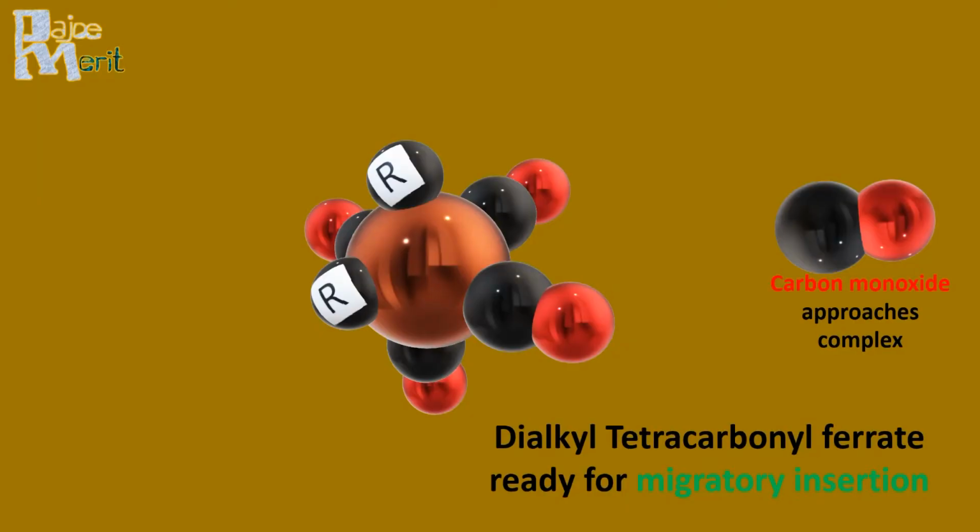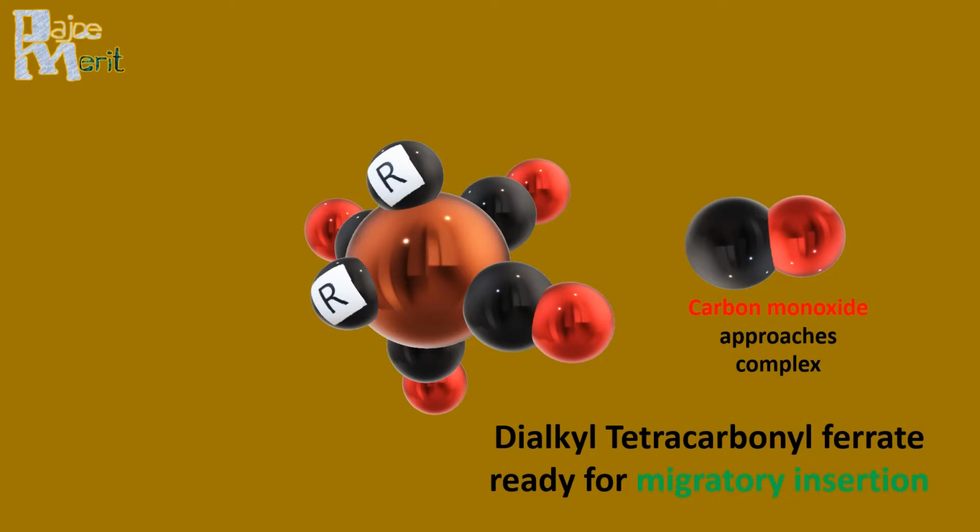So they are both cis to each other, and what happens is that there is usually an external carbonyl because it is in the solution. This particular ligand triggers the migratory insertion, where this moves over to the metal, and this R group migrates and inserts itself.